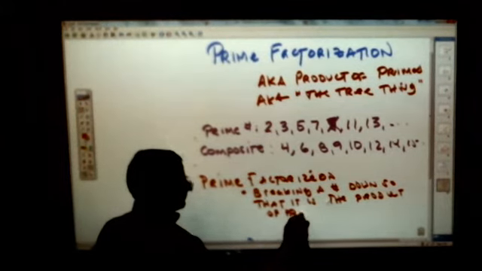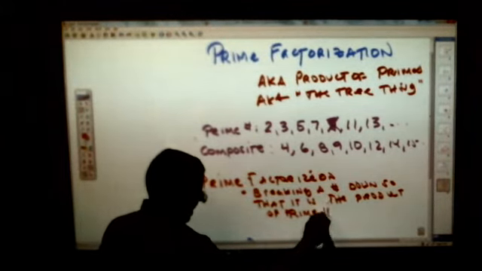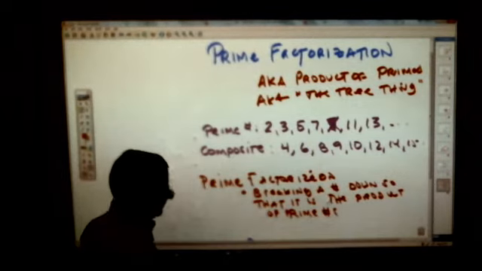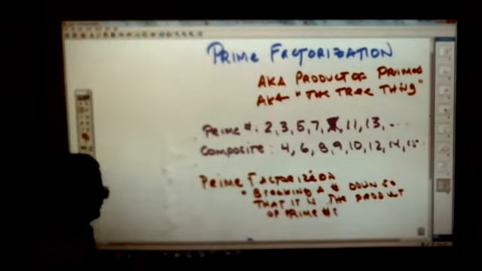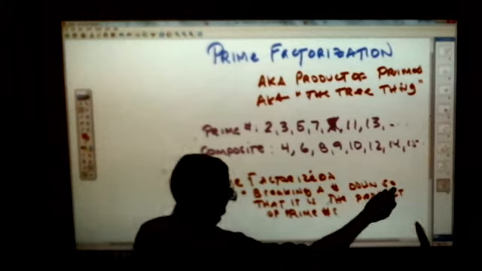Which will make no sense to you until we talk about it. But I just thought I'd throw the definition at you there.